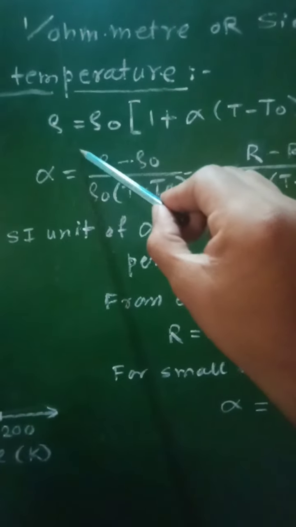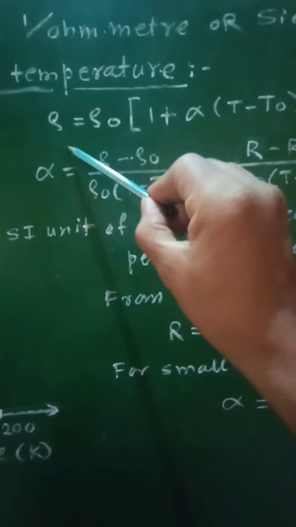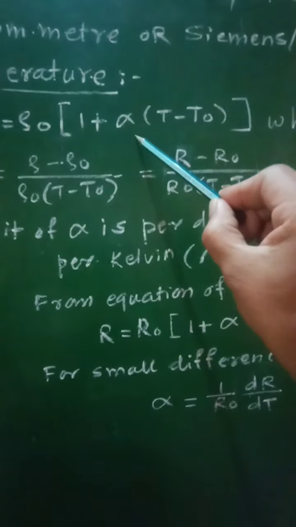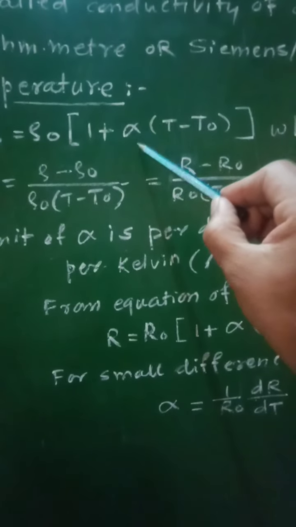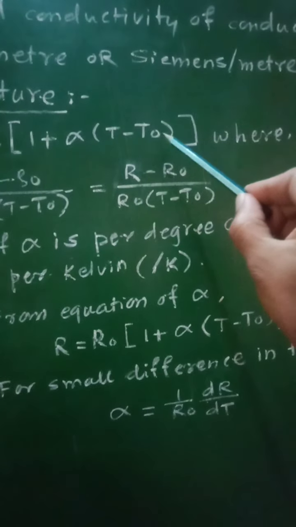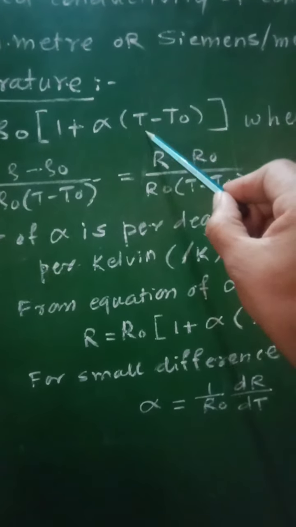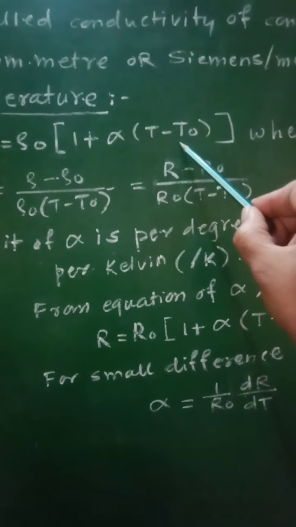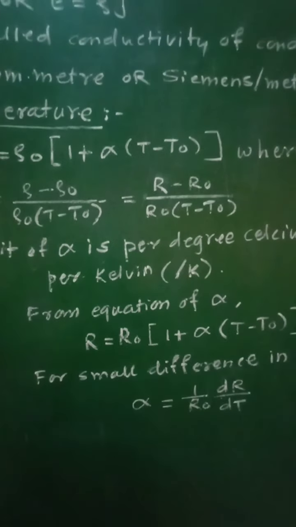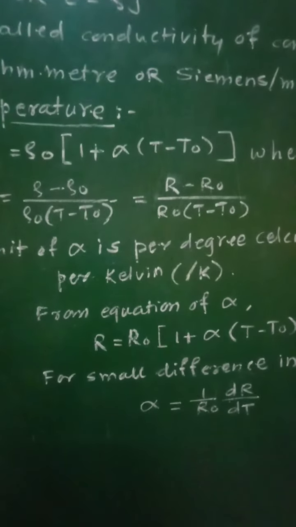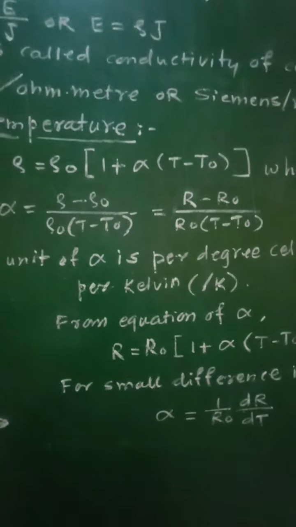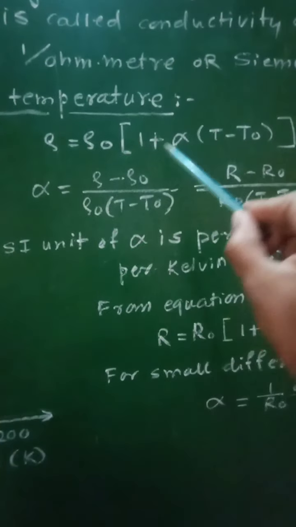In this equation, rho represents the final resistivity, rho 0 represents the initial resistivity, alpha is called the temperature coefficient of resistivity, T represents the final temperature and T0 represents the initial temperature. So T minus T0 is the change in temperature between the final and initial temperature. Alpha, the temperature coefficient of resistivity, can be found from this relation.